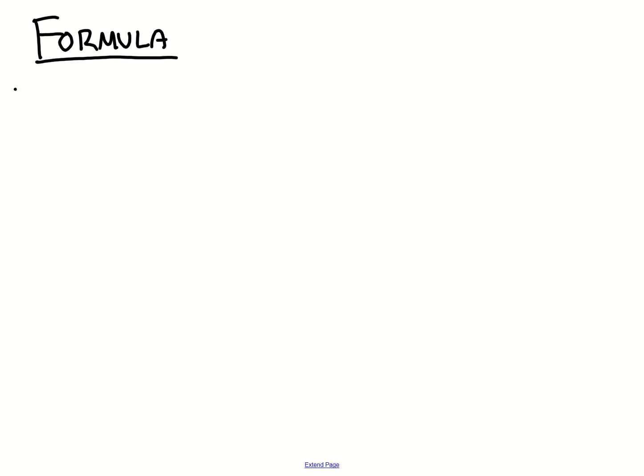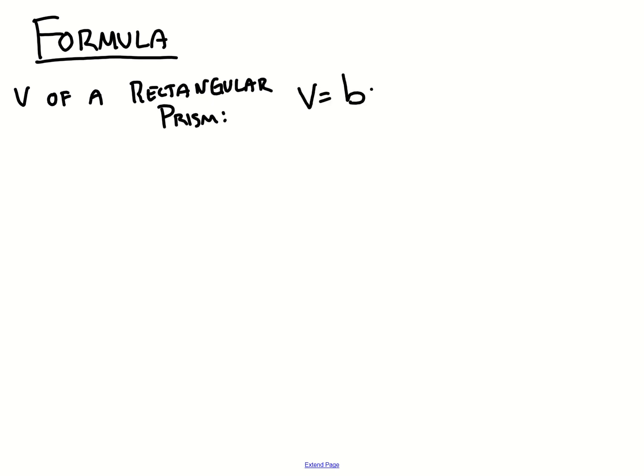So we're going to say the volume of a rectangular prism, and that's going to be volume equals base times height, or volume equals length times width times height, because my base is the same as length times width. Okay?